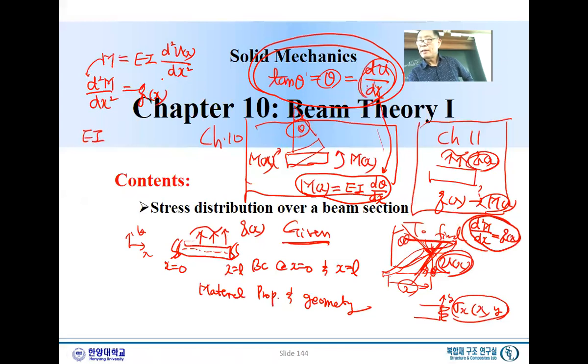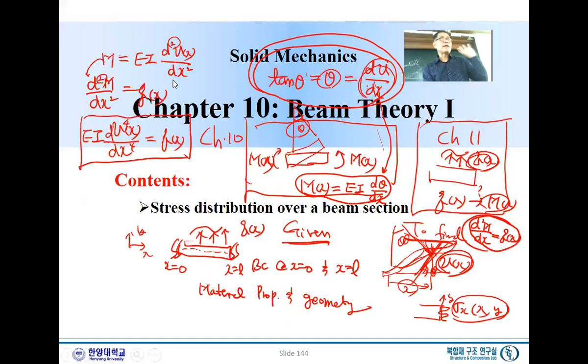EI V, here twice and here another twice. So we have a fourth derivative equal to q(x). Okay, so this is the final governing equation which governs this problem statement.